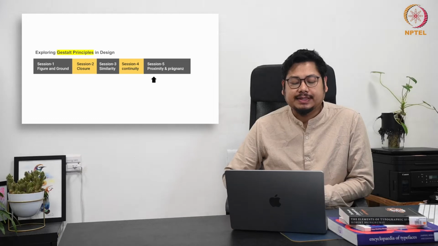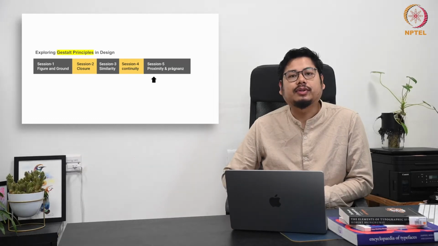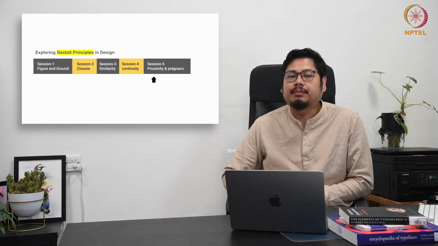So let's dive in. In our previous session, as you can see in the slide, we talked about continuity and why continuity is an integral part of any kind of composition, and how we as visual designers should take continuity into consideration in overall design, right?